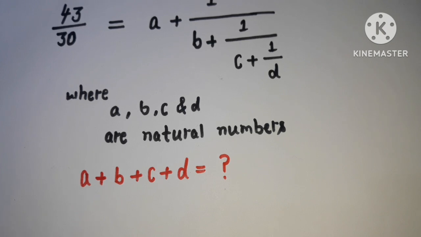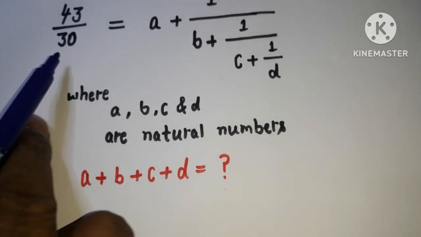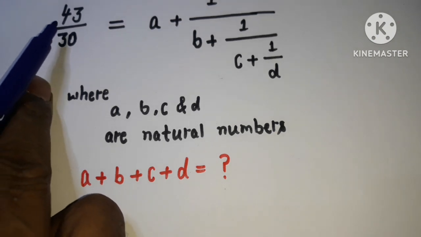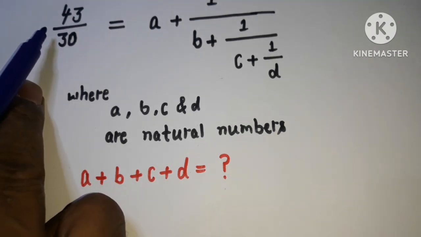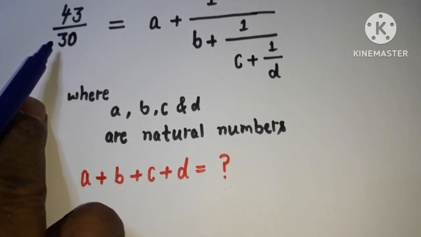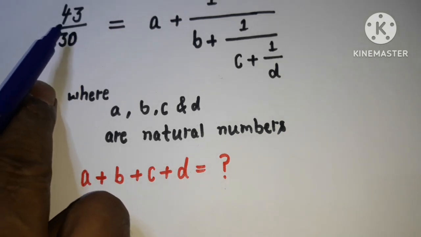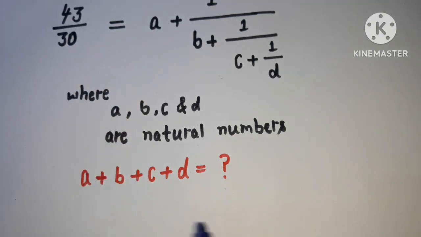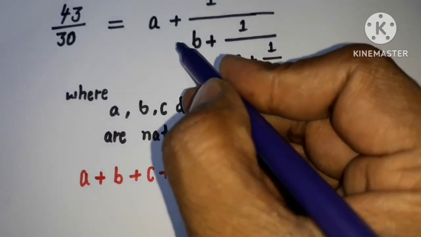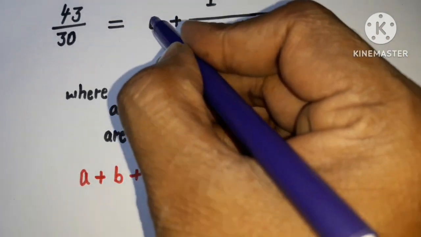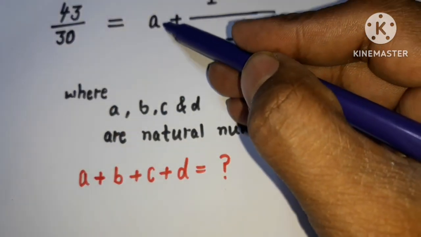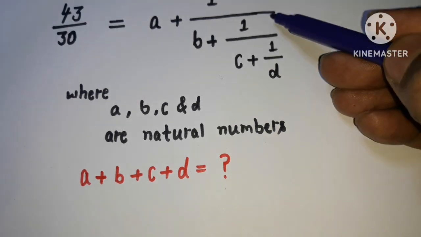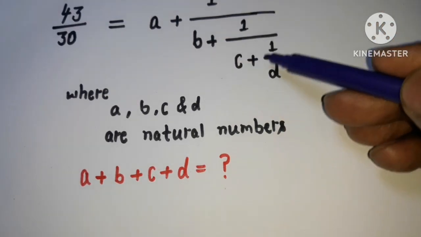First thing we need to look at is 43 by 30. It is in the form of a rational number, p by q format. You can see this is an addition of two numbers: a plus something, and that something is also 1 divided by something.